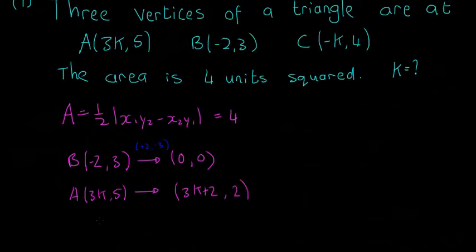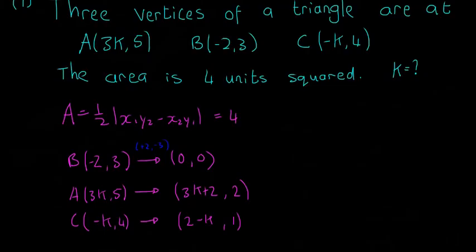We have the same for C as well. So this is going to be (-k, 4), and that will go to 2 minus k, because -k plus 2 is the same as 2 minus k. We've added 2 to this, and then take away 3 from 4, we're just left with 1. So these are our following points.